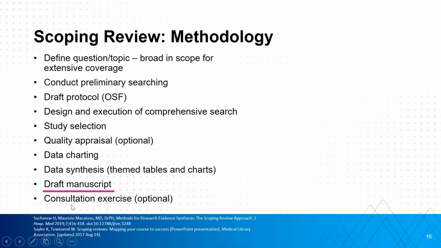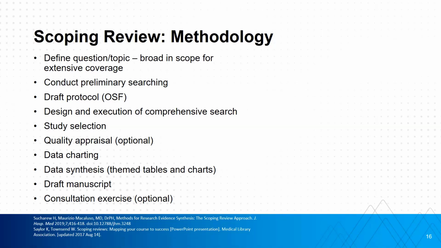You draft the manuscript, and afterwards, there is an optional step that's called a consultation exercise. And this is where stakeholders outside the study review team, so for a scoping review, once again, you generally want a team, you don't want to do a scoping review by yourself, are invited to provide their insight to inform and validate the findings from a scoping review.